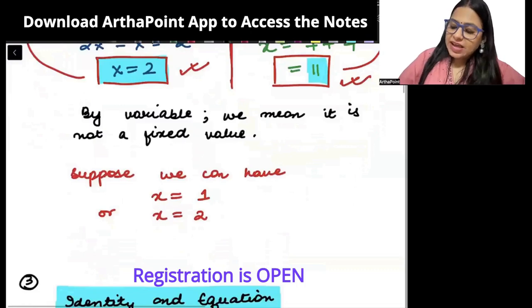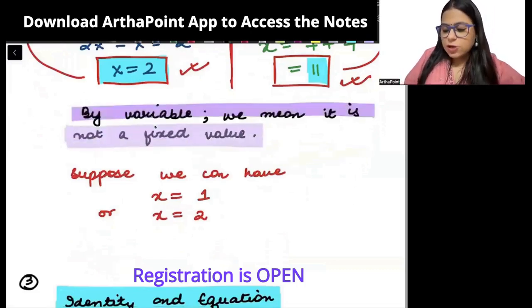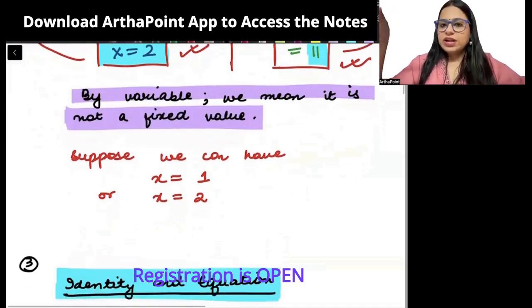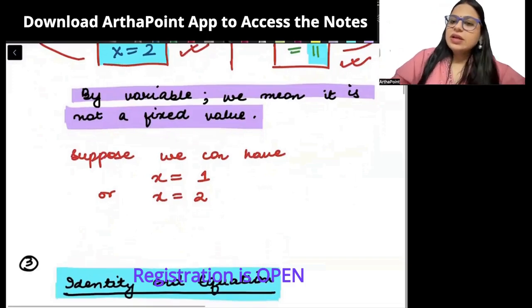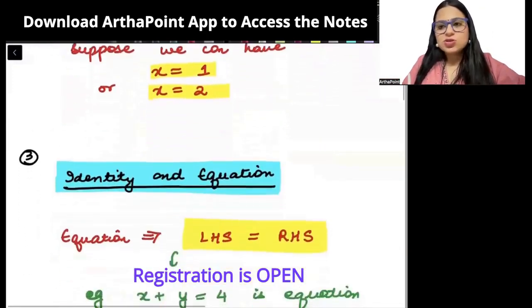Right? So by variable, we mean it is not a fixed value. If the value keeps on changing, अगर किसी भी चीज का value change होता जाता है, we go ahead and we call it as a variable. Right? So we can have x as 1, x as 2, x as 4, and so on and so forth.